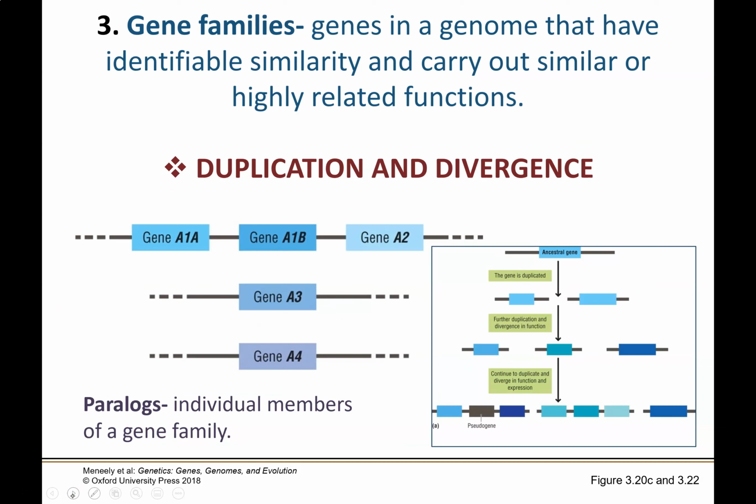All right. Another way that you can increase the size of your genome is by producing gene families via duplication. So a gene family is a set of genes within a genome that have similar sequence and therefore similar or highly related functions. Now, again, you can have the potential for redundancy here, which just means you have two different genes that are going to get you to the same pathway.